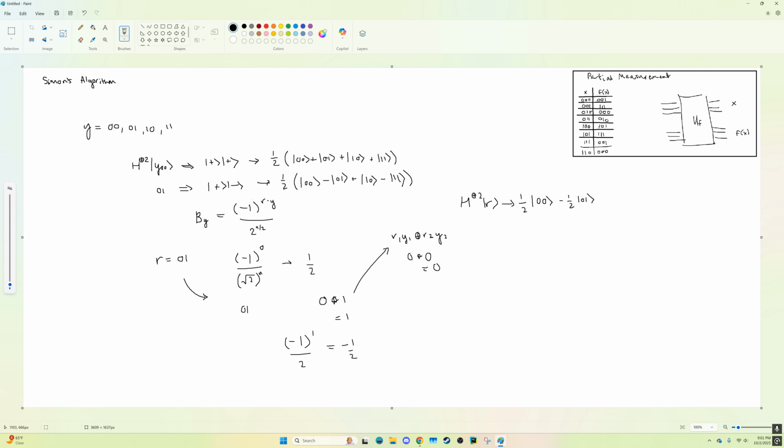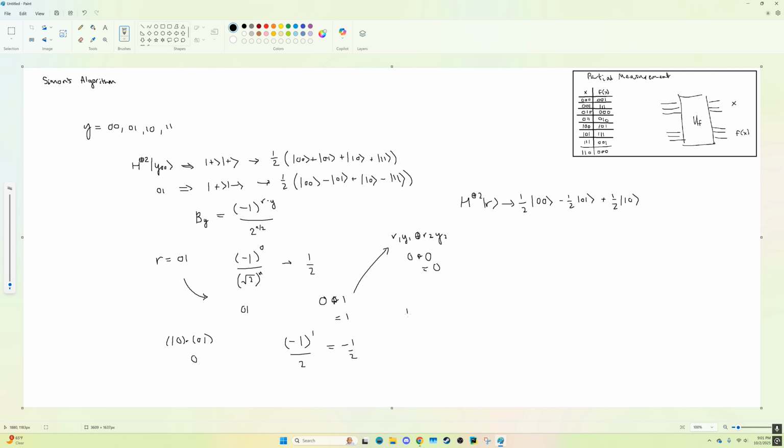Now if we do this to the next one, which is 1, 0, the next basis vector of y, we do the inner product of that and 0, 1, which is the r string. So it's r dot y, remember? That will give us a 0 result because it's 0 XOR 0. So this will be a plus 1/2, 1, 0.